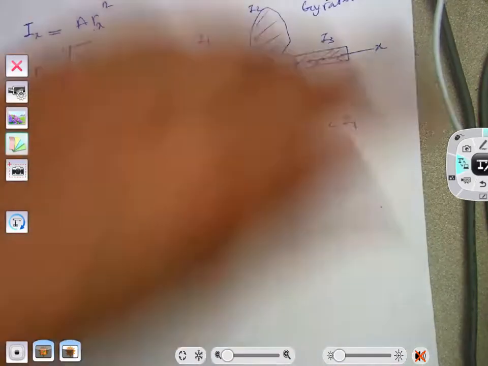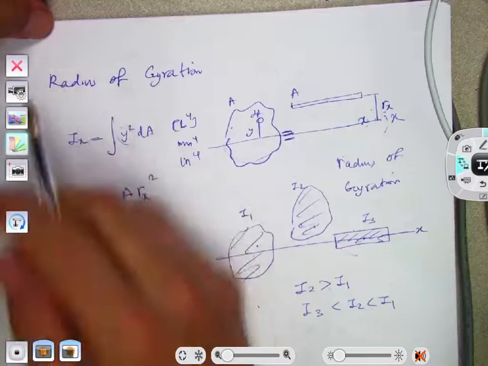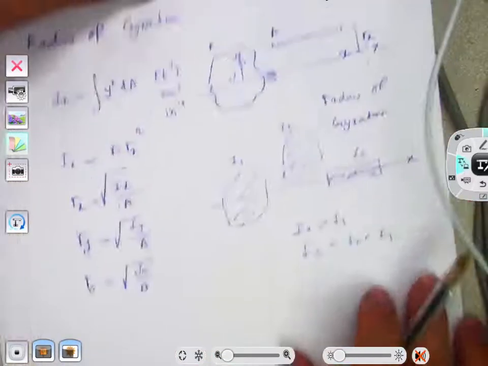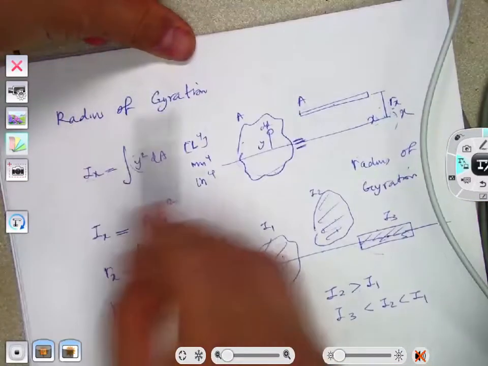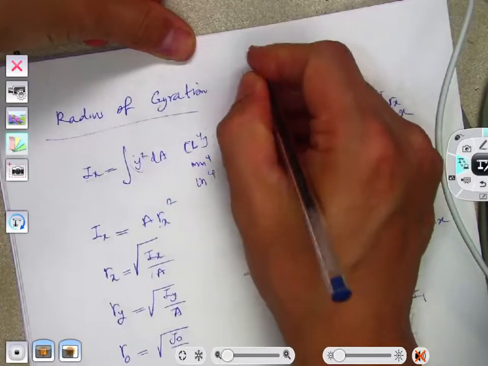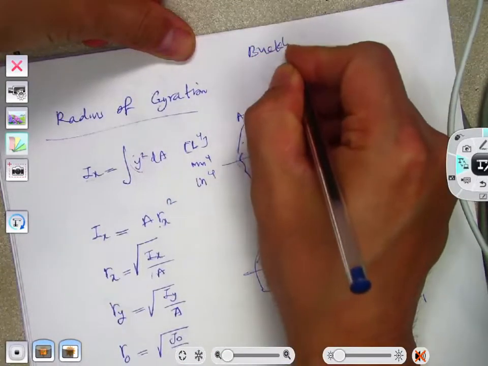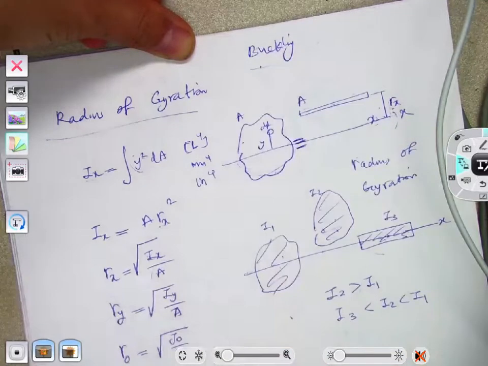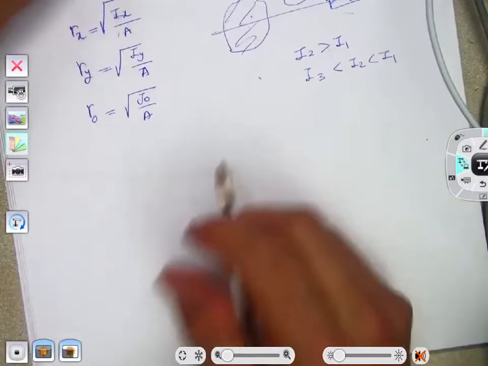Alright, so this is just the definition of radius of gyration. When we study buckling, in 309, mechanics of materials, the topic of buckling, we're going to see radius of gyration there.